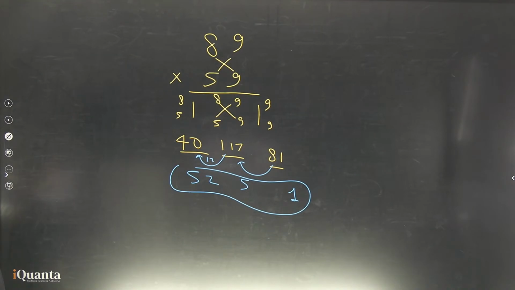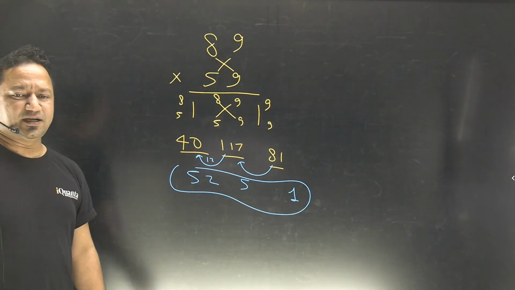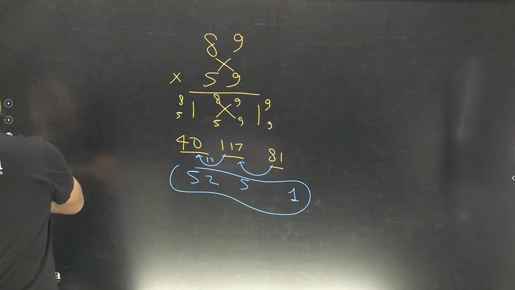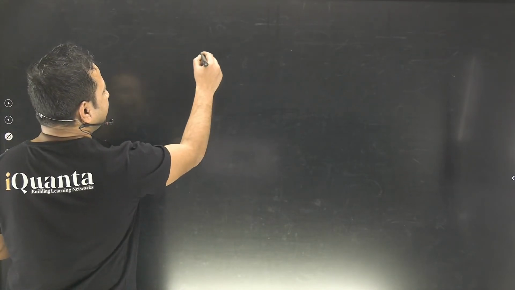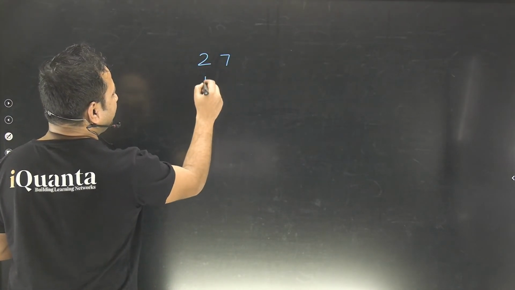Perfect. So now what I will do, I'll just throw some random examples, random numbers, and you will tell me the answers. Let's see who does it fastest. Numbers are 27 and 43.